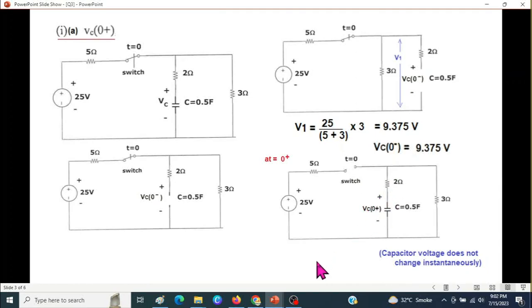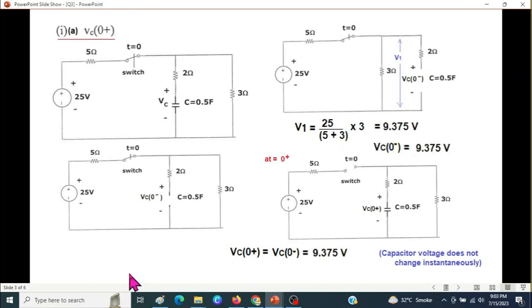That means VC(0), VC(0 plus) and VC(0 minus) are the same. So VC(0 plus) is 9.375 volt. That is the answer of the first part.